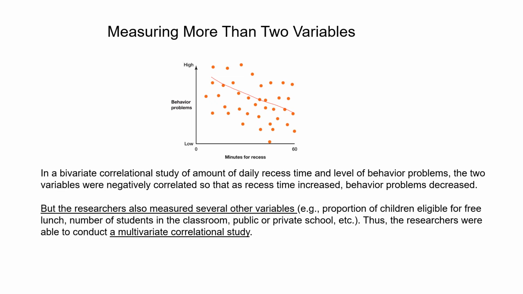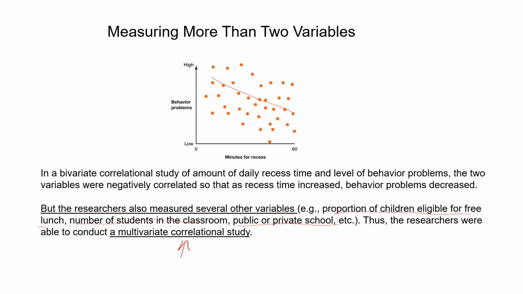But they also measured a whole bunch of other variables along with this, looking at things like proportion of children eligible for free lunch, number of students in the classroom, public or private schools. So the researchers were able to conduct a multivariate correlational study by looking to see if any of these other variables are actually explaining this relationship.